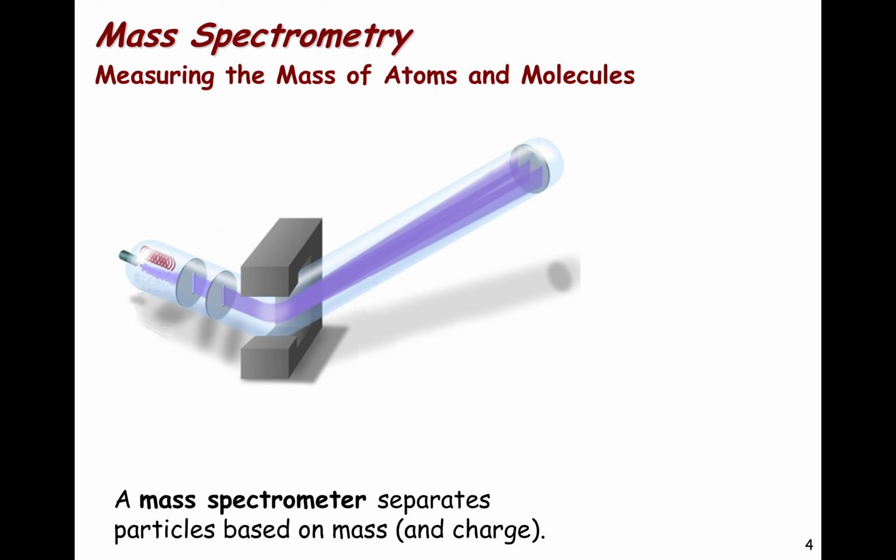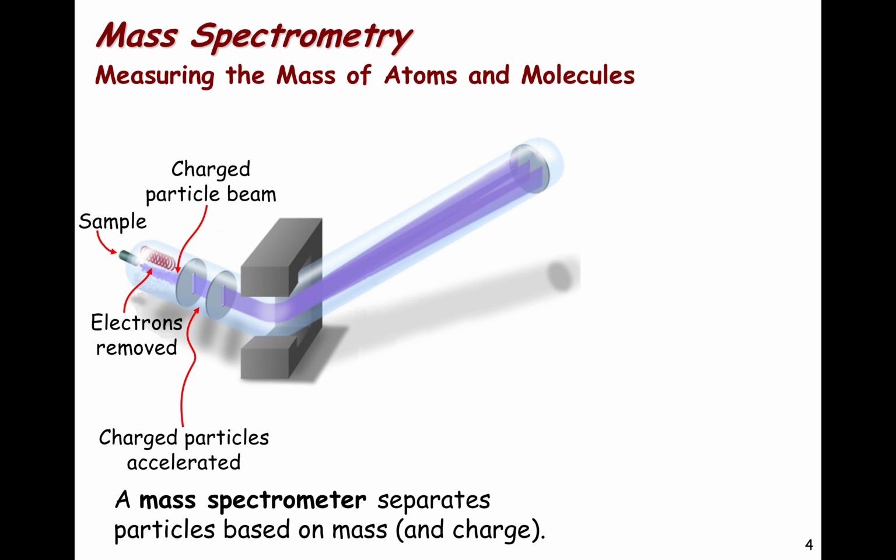We have a source of, in this case, magnesium atoms, and we heat up the sample, and these atoms start going into the gas phase, and then are focused through slits and are passed through a region to remove the electrons so that it becomes magnesium ions.